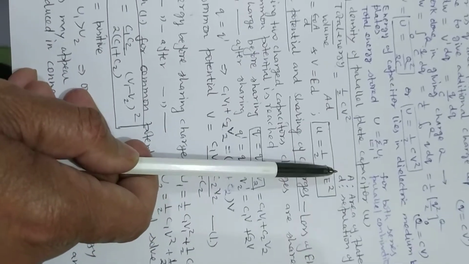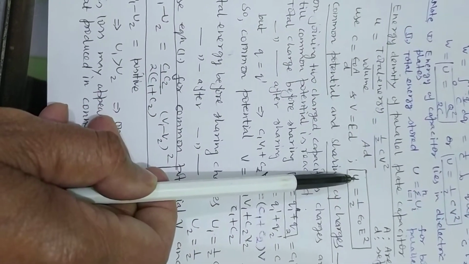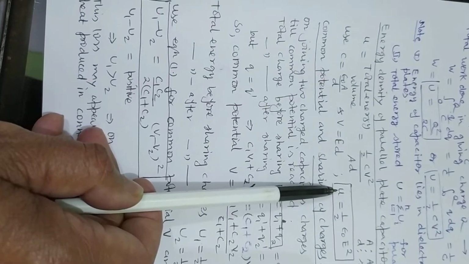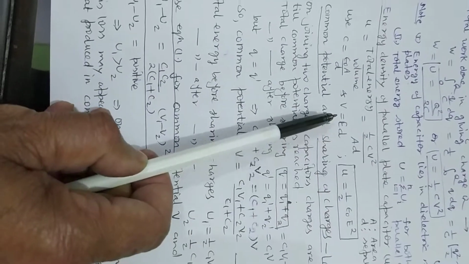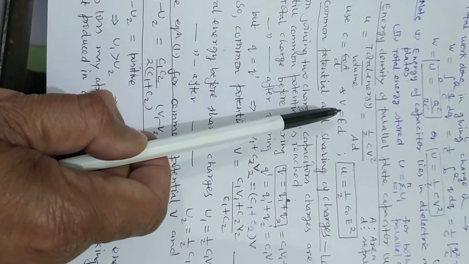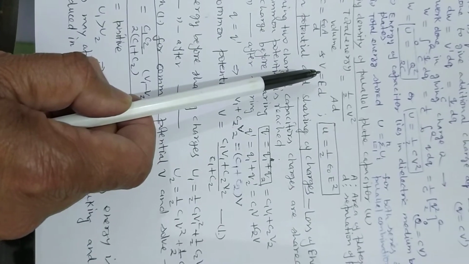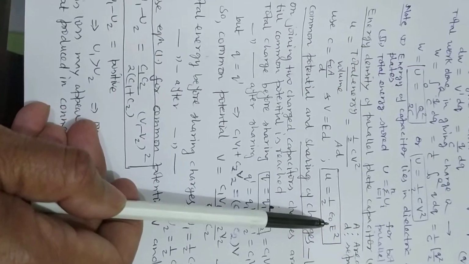We can put these values for the capacitance and V, and we will have the energy density, which we will denote by small u, as 1 by 2 epsilon naught E square.